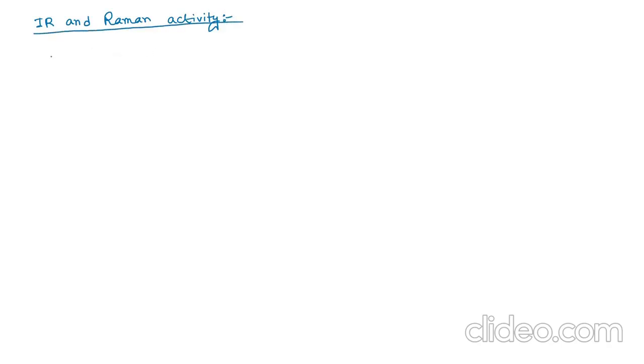Okay, so same, we will go with BF3. Gamma vib is A1 dash plus 2E dash plus A2 double dash, right?